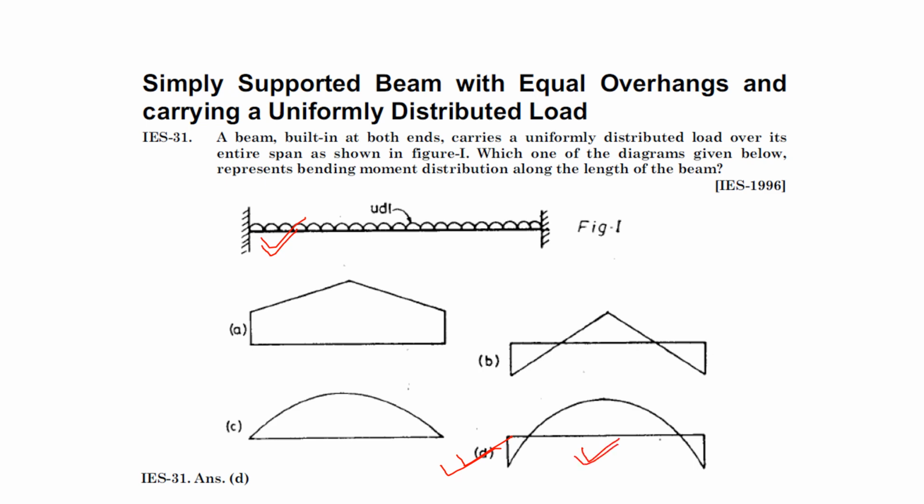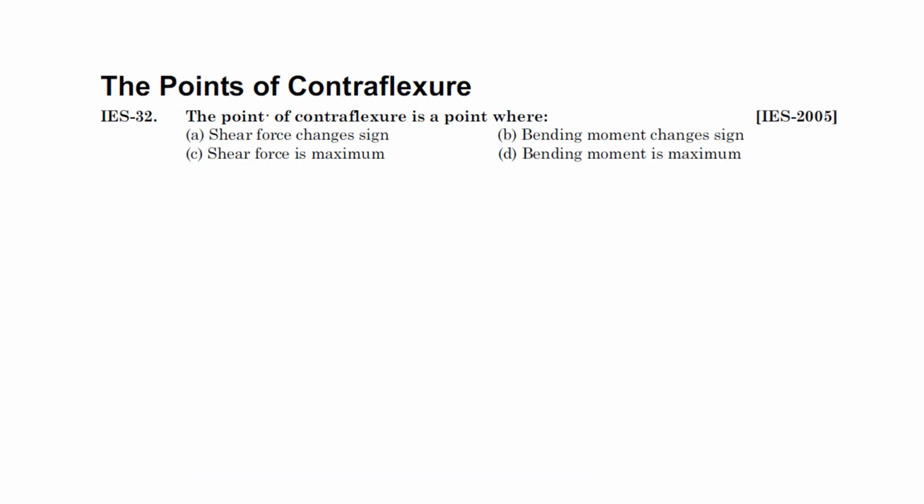Once I deal with the SFD and BMD for different loading conditions, we'll see this. As of now, just remember for this UDL fixed from both sides, this is the BMD. So the answer is D.